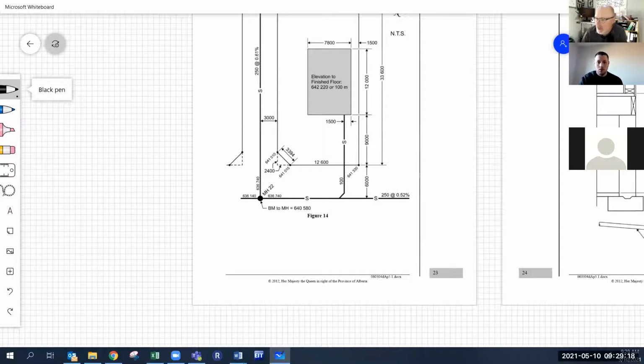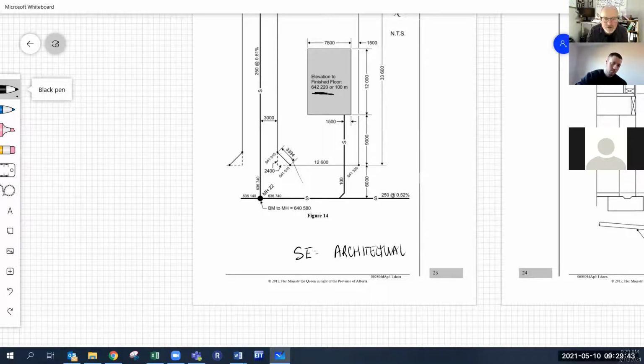All right, now the next question says, what is the architectural elevation of the southeast corner of the lot? So southeast corner, and I want architectural. So we have the 642,220.